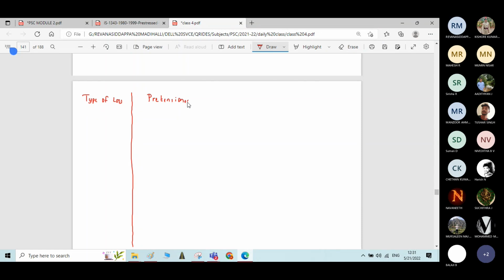In the third column, post-tensioned beam. Okay.